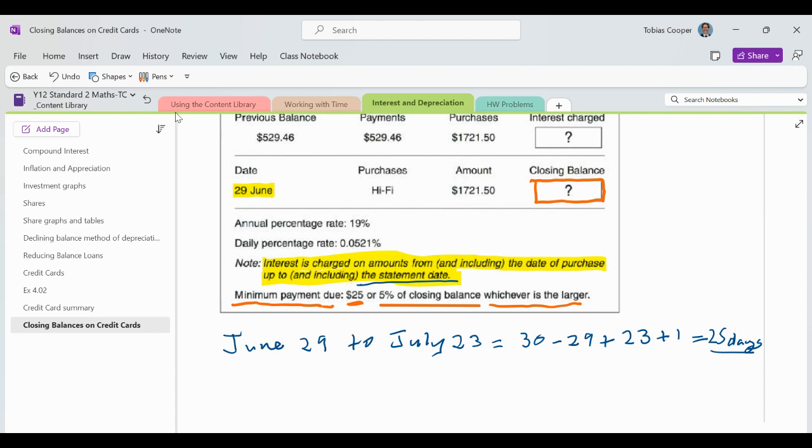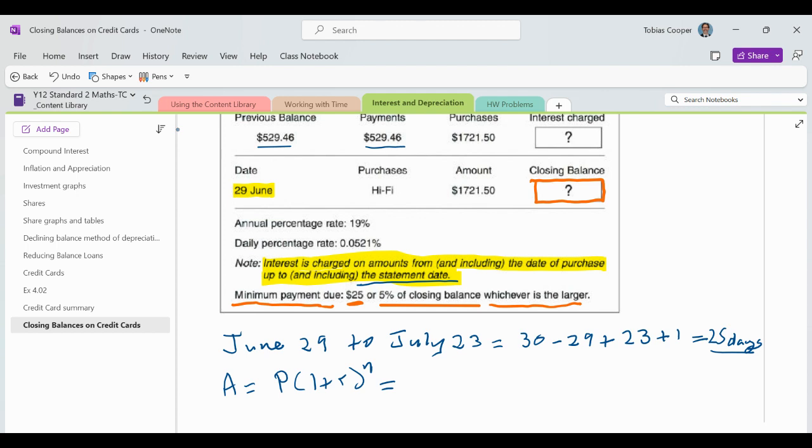Now, let's have a look at the formula we're going to use to work this out. So this is the compound interest formula that says compounding daily. Now, what do we put here for the principal? That's the question. Now, if you look at the statement, the previous balance was $529.46, and then we made payments of $529.46.